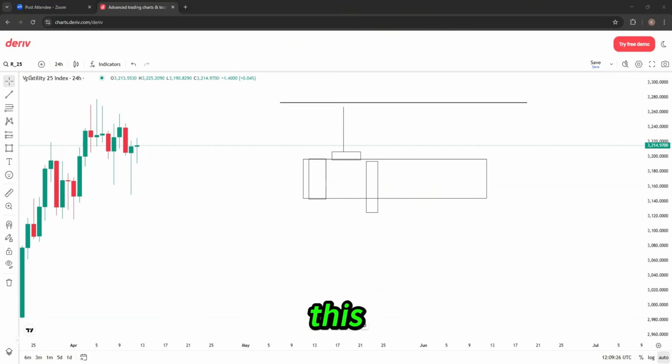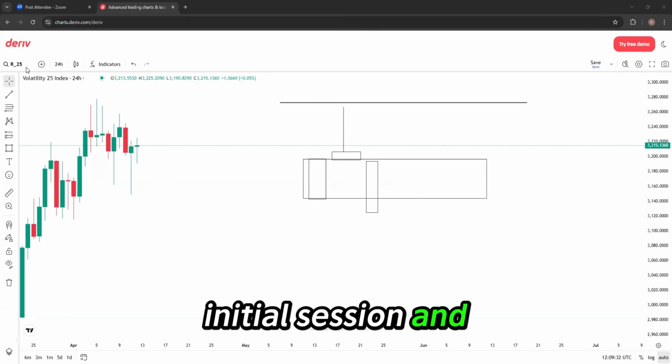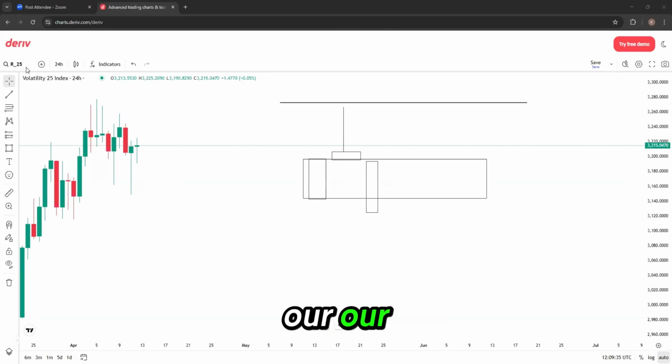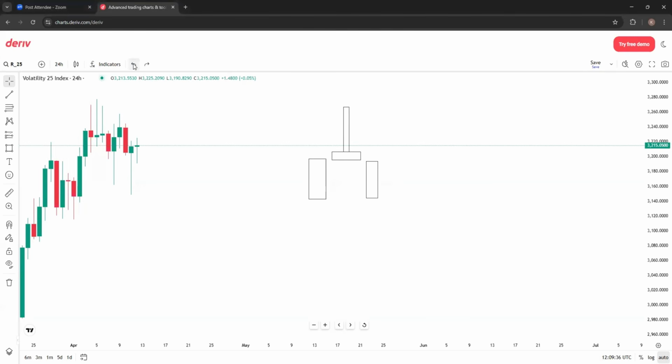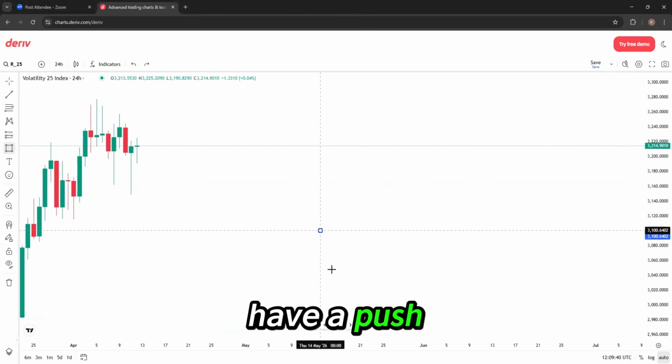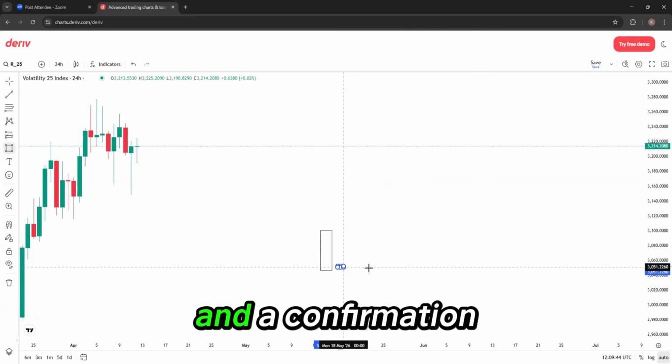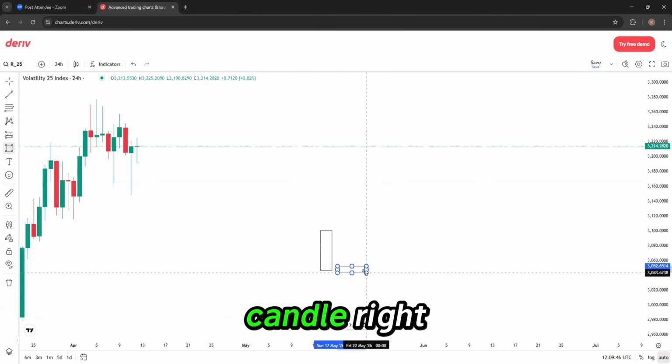And then the morning star was the opposite of this. Remember, this is just a flashback before we start our initial session. We said for our morning star, what you want to see is a push candle, a signal candle, and a confirmation candle.